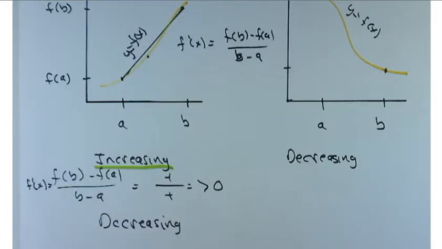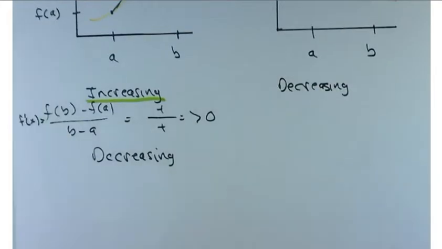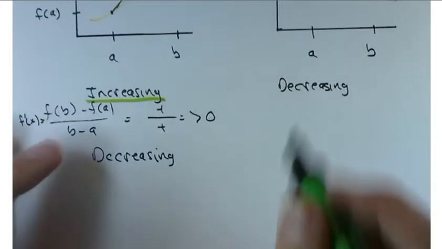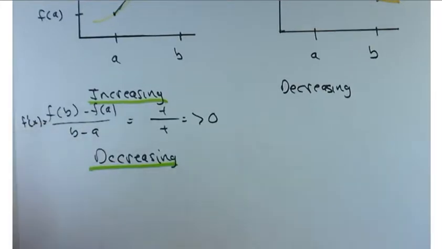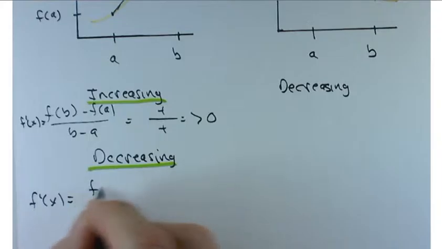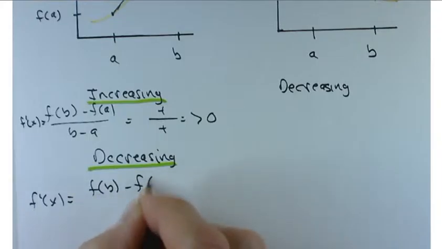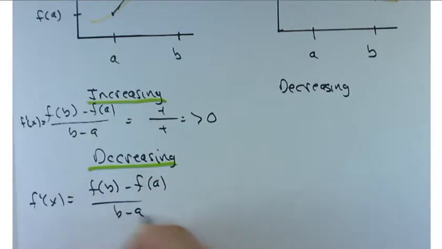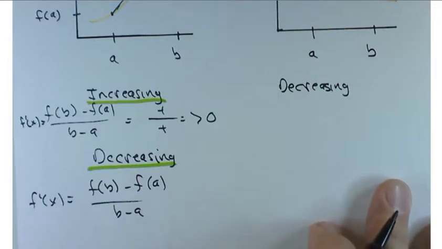What about a decreasing function? Well, if we repeat this for a decreasing function, then again you have f prime of x equals f of b minus f of a over b minus a. This time we're looking at it for a decreasing function.